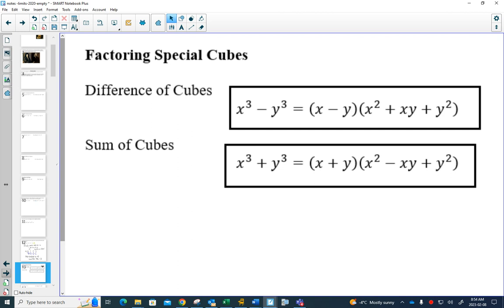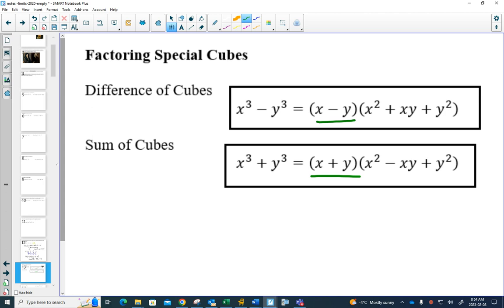Okay? So now, the difference of cubes and the sum of cubes, what I do to remember these is I know that the difference one has the x minus y as the factor, and the sum one has the x plus y as the factor. So that's one thing that I do to remember.